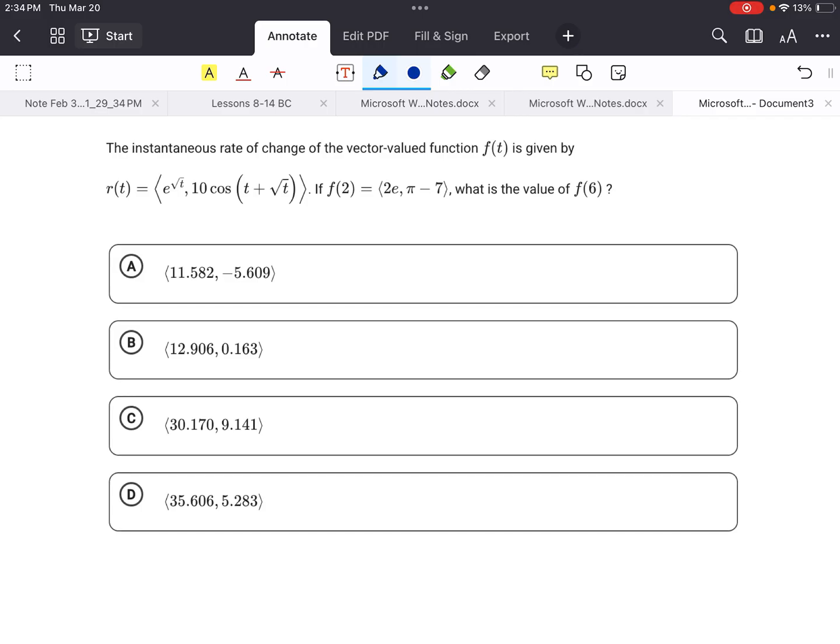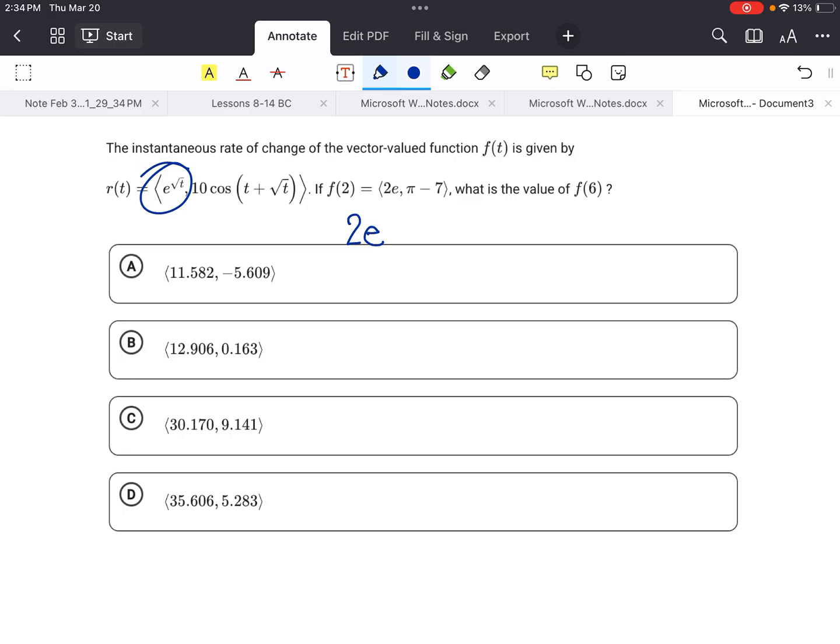So what I really want to know is where does it start plus how much does it change to get where it ends up. That's kind of how these are set up. So I know where the x starts. I know that it starts at 2e. And I know the rate at which it's changing.